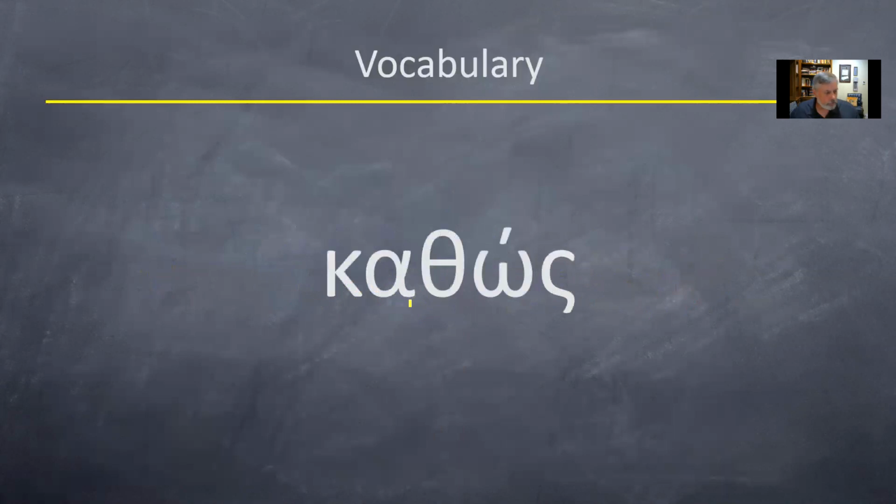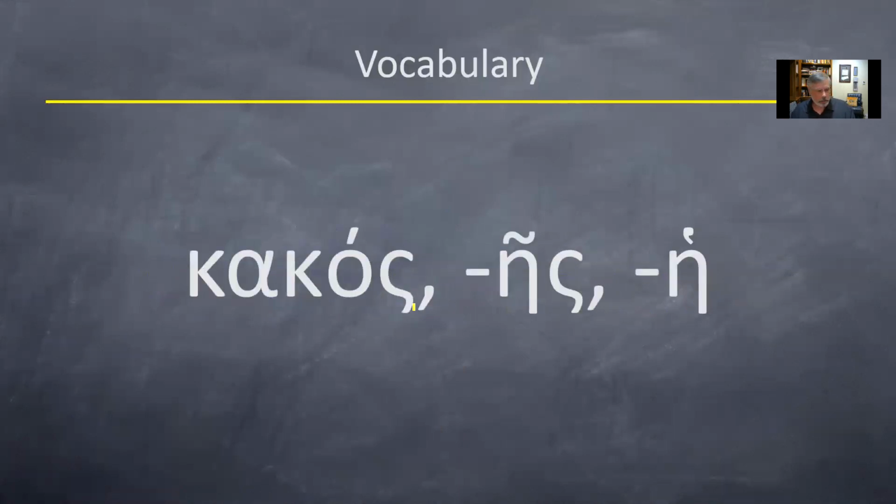Kathos is as or even as. Kakos is bad or evil. This is a noun. I know it's a noun. It has kakias, kakias, he.